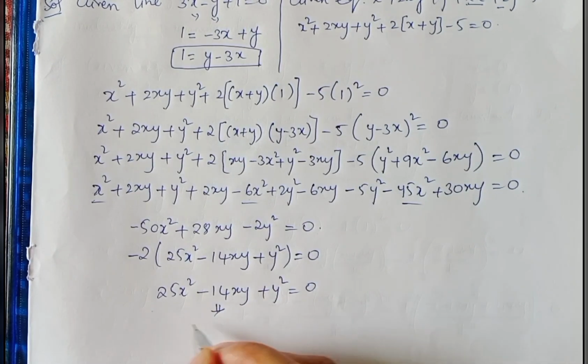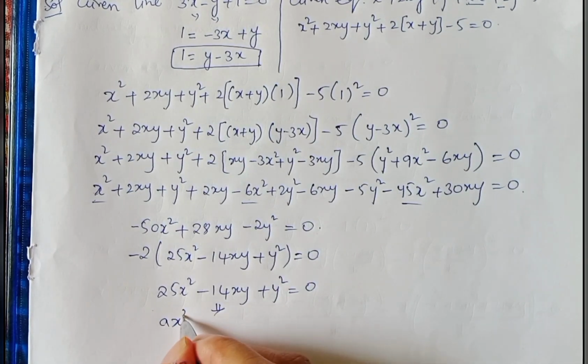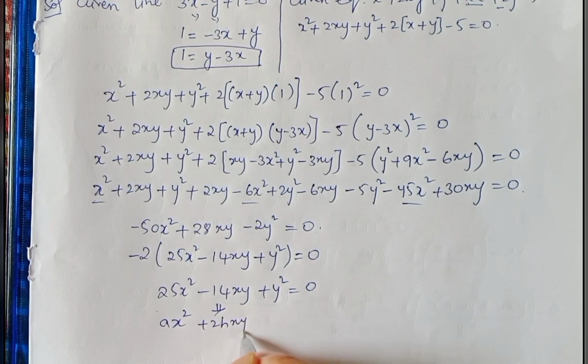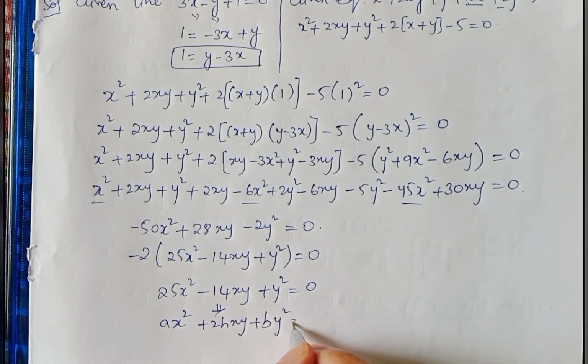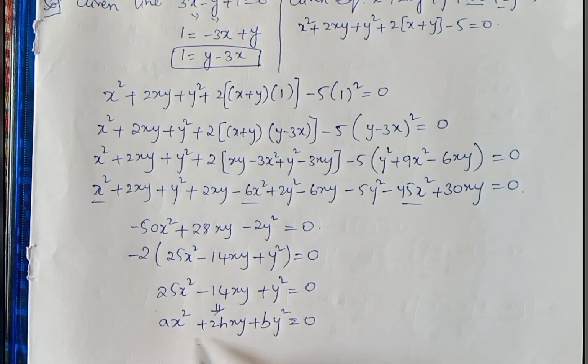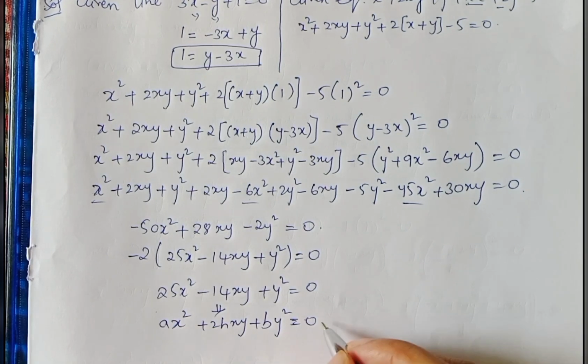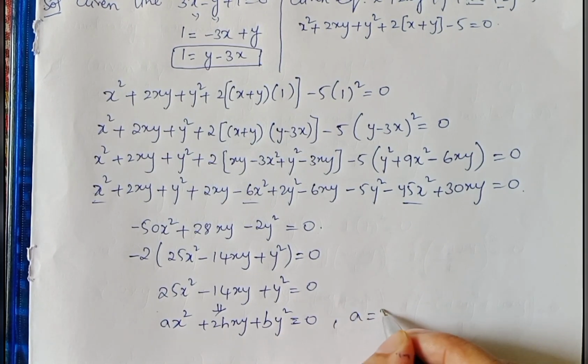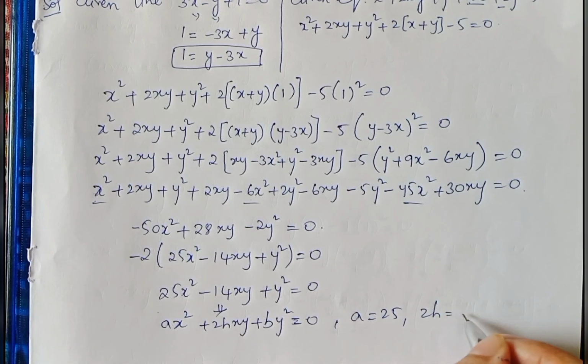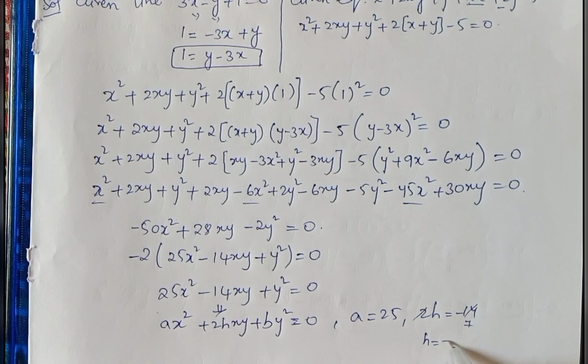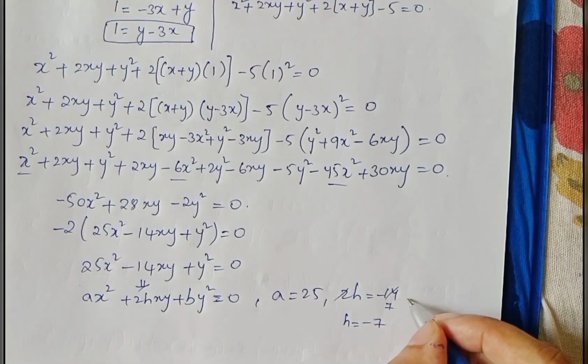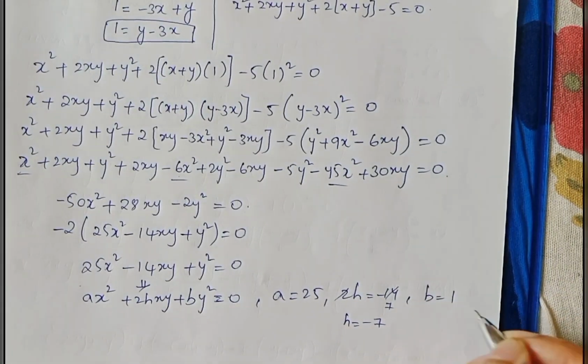This equation can be compared with ax square plus 2hxy plus by square equals 0. This is the general form of a pair of straight lines. Okay. So here the value of a is equal to 25, 2h is equal to minus 14, so 2 ones, 2 sevens, so h is equal to minus 7 and b is equal to 1.